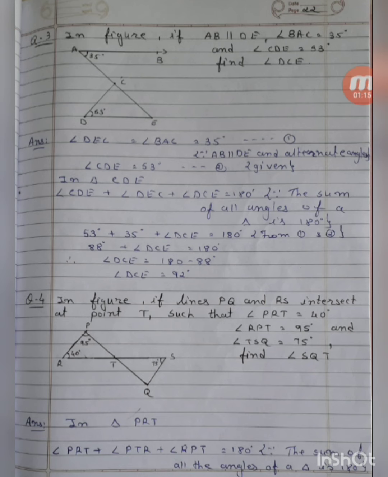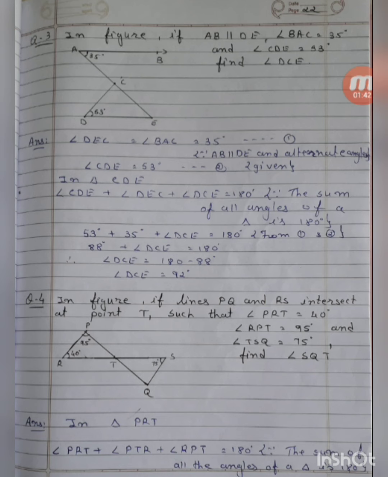But we know the measure of angle CDE is equal to 53 degrees and angle DEC is equal to 35 degrees. So, we put the value of these angles in this equation. Now, 53 plus 35 plus angle DCE is equal to 180, from 1 and 2.